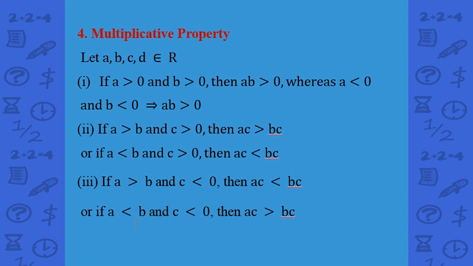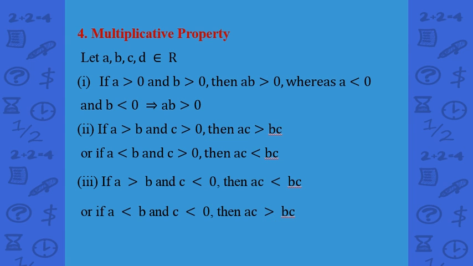Okay, and if my A is less than B and C is less than 0, again my C is a negative number, and when I am multiplying the same negative number on both sides of that inequality, it will again reverse. So observe that in the first case the greater than sign is changing into the less than sign, and in the second case my less than sign becomes the greater than sign.